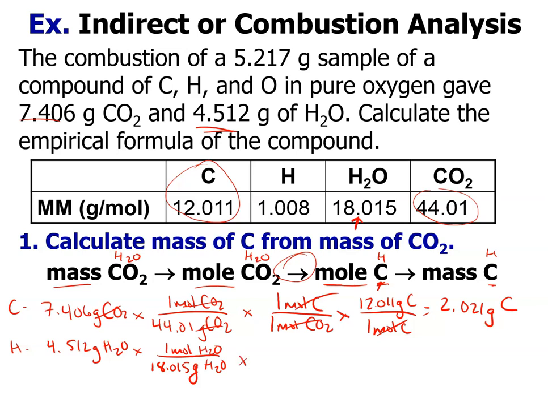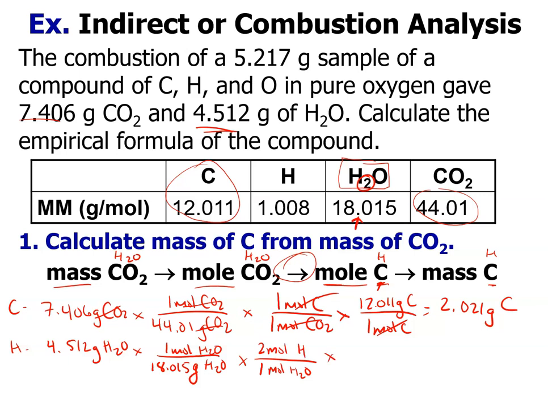This conversion factor is a little different because there are 2 hydrogens in every 1 water molecule. So if I have 1 mole of water, I actually get out 2 moles of hydrogen.